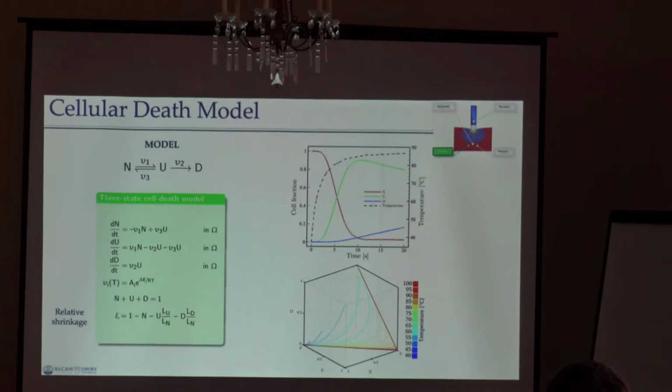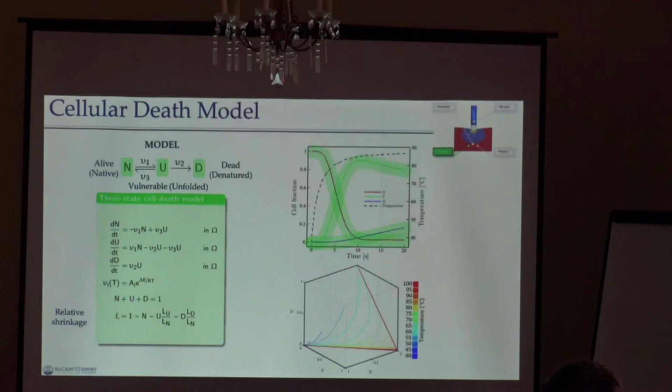What is Xi? Xi comes from the cellular death model. So we assume a 3-state cellular death model in which we have an alive state of the cells that can go in a vulnerable state if they are stressed by temperature. This state can be reversible, but eventually, if temperature is too high or for longer times, cells die, because of protein denaturation.